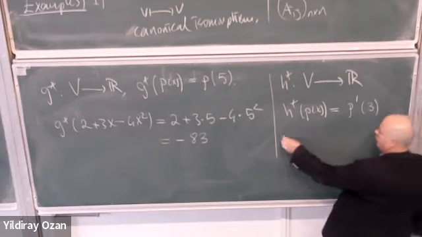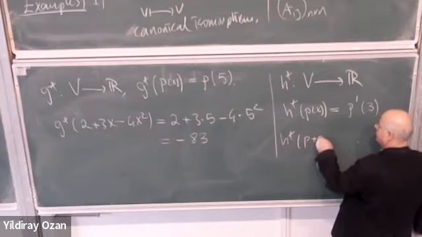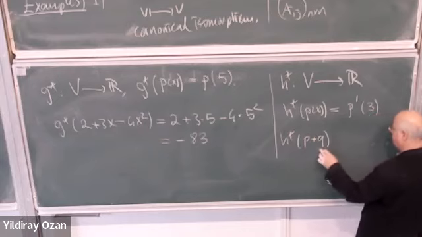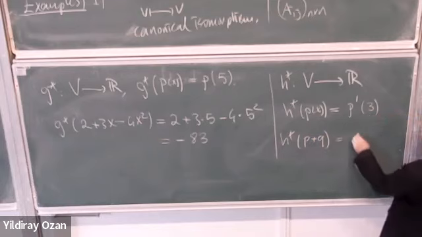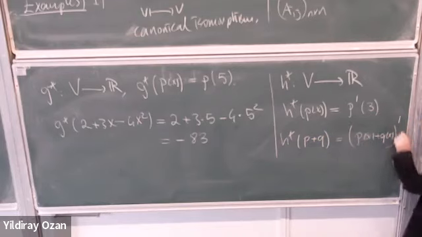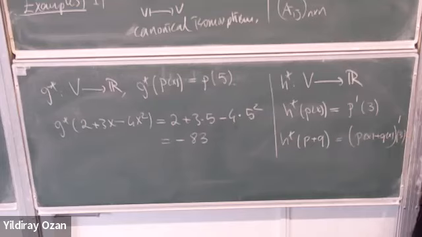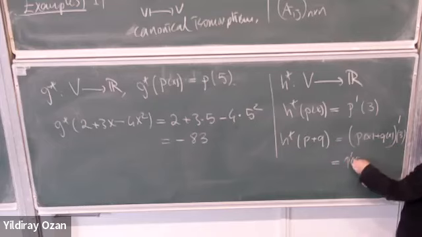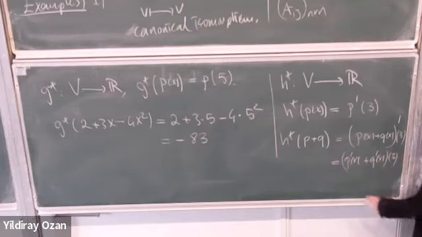So what you will do: h star of p plus q is what? This is just the derivative of p(x) plus q(x), and you have to compute it. But from calculus, we know that the derivative of a sum is just the sum of the derivatives, right? This is just p prime and q prime, computed at 3, so this is just p prime 3 plus q prime 3.